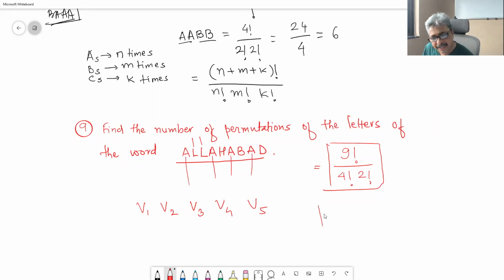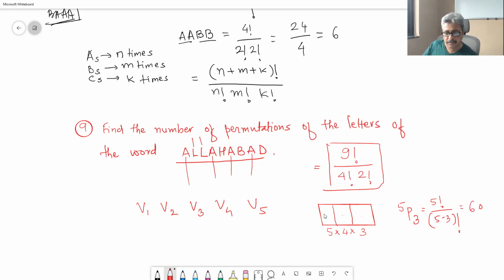And I have a place to display only 3 vegetables. We said first place can be occupied in 5 different ways, second place in 4 different ways, and third place in 3 different ways. Therefore, total number of ways of displaying 3 vegetables out of 5 vegetables is 5P3, which is 5 factorial upon 5 minus 3 factorial, which is 60. Okay, I think we have solved something like this.